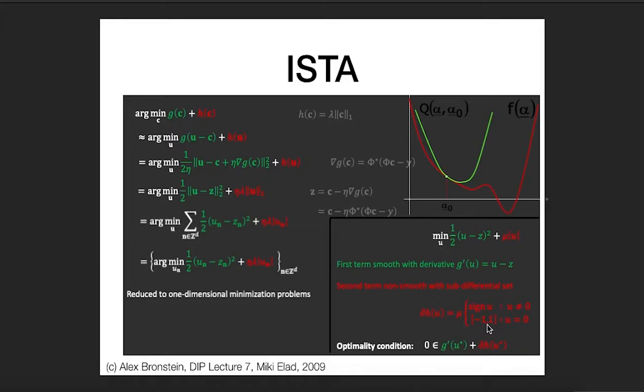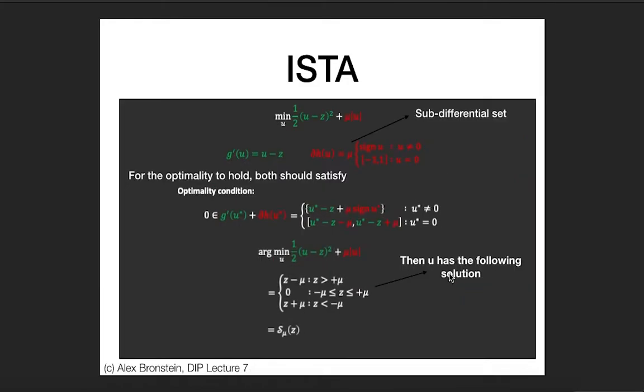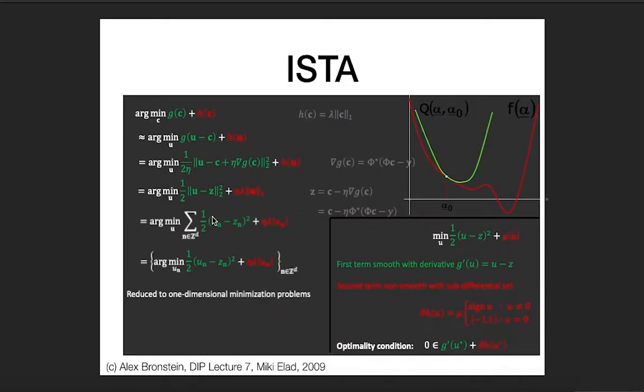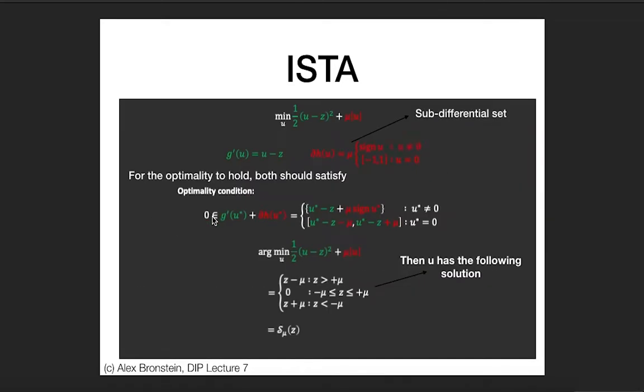So this is your sub-differential set. Now in order for this to be optimal, this is basically the Lagrange condition: you have your delta g of x plus delta of h of x, and both of them together, the sum should be equal to 0.